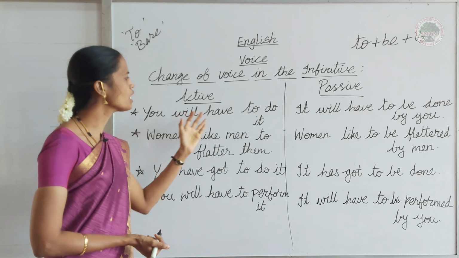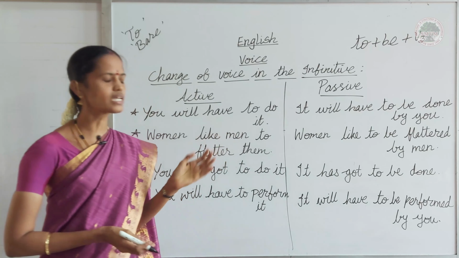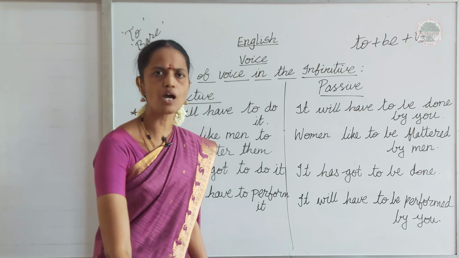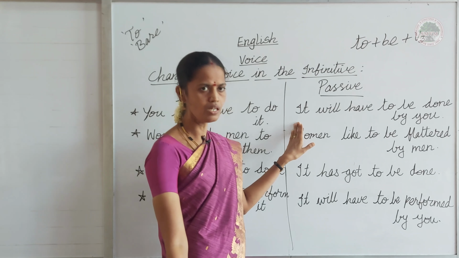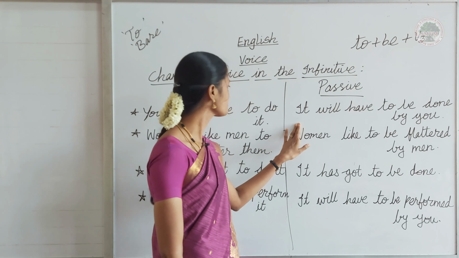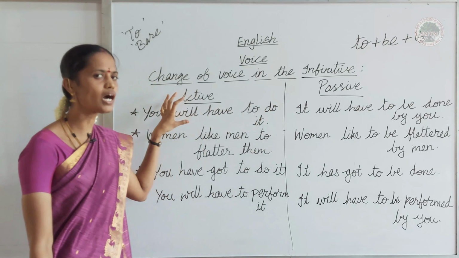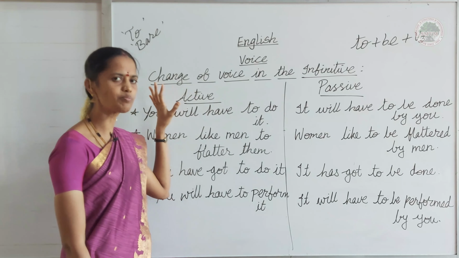You will have to do it. Here it is taking the role of the object. As per our rule, we are going to bring this it to the place of the subject while we are changing it into passive voice. As I stated, will have is the main verb, so we are not going to make any changes in that main verb.